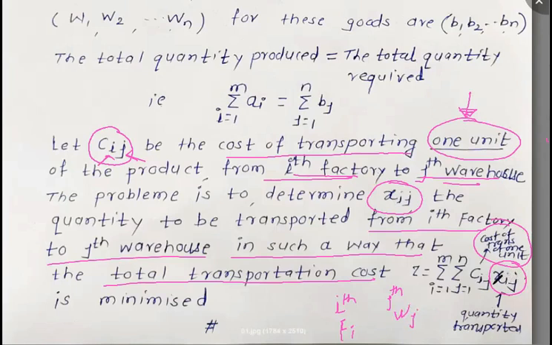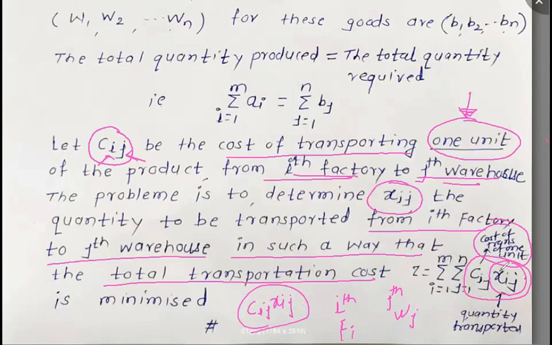How many units are transported from ith factory to jth warehouse. So this is the cost of transporting 1 unit into the number of units transported. So this gives you Cij into Xij, the cost of transporting Xij units from ith factory to jth warehouse.